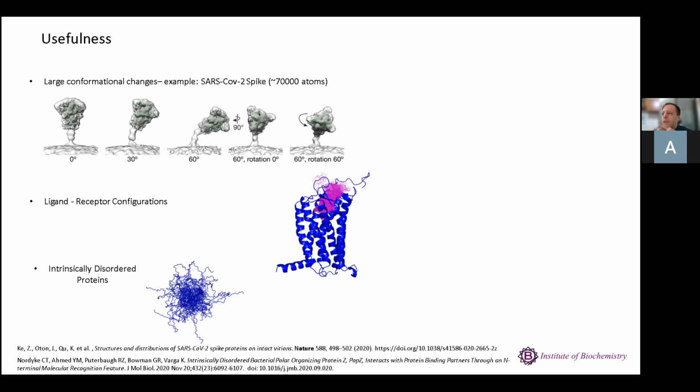These kinds of very large movements are difficult to get with more established methods like molecular dynamics or Markov Chain Monte Carlo methods. That's a big issue, because most of the simulations that you can find online in databases involve a huge amount of computer resources and a lot of time, and even then you don't get this type of movement.